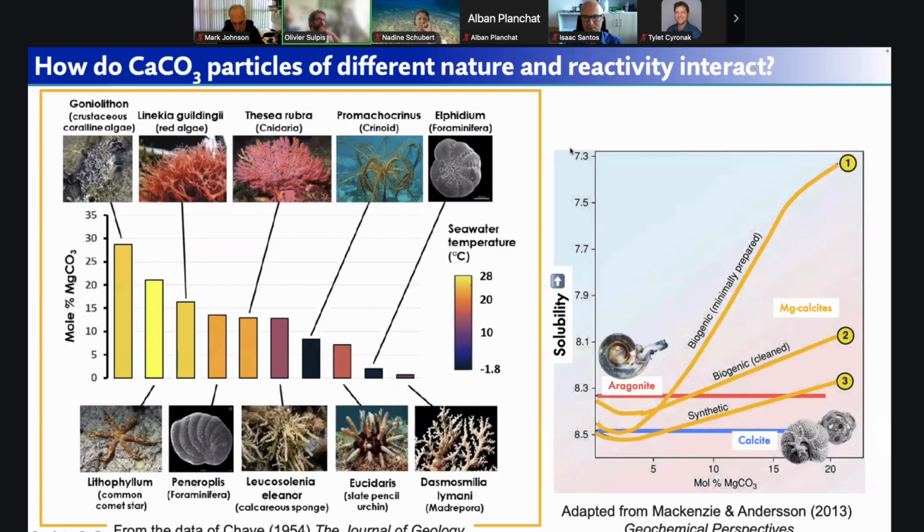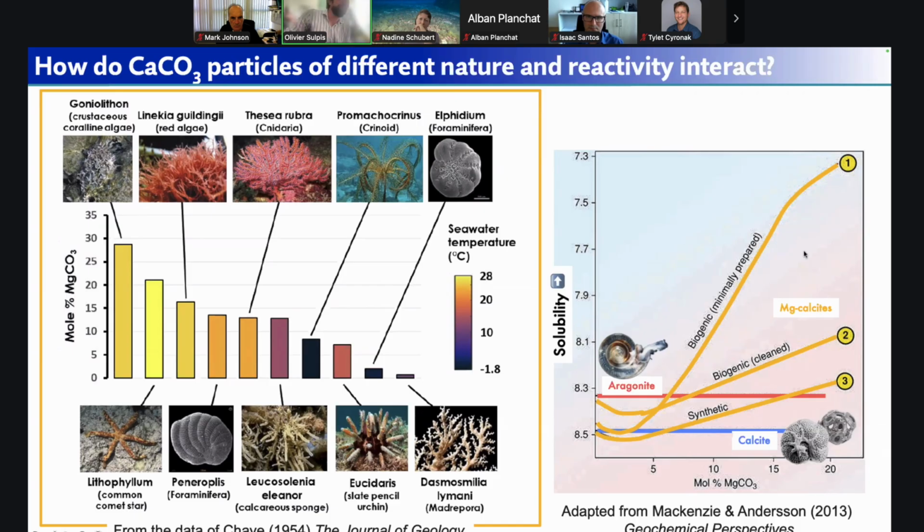And if we look at what the solubility of all those minerals looks like here on the right, we see that the more magnesium there is in the calcite, the more soluble it is. So here the least soluble would be the calcite in blue. Aragonite is more soluble than calcite, and the magnesium calcites here are very complicated. They start with having more or less the same solubility as calcite, but then the more magnesium they incorporate, the more soluble they become.